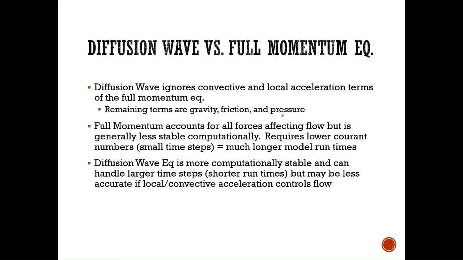It's going to require a lower Courant number, which means a smaller time step, which equals much longer model run times. The diffusion wave equation is going to be more computationally stable and can handle larger time steps, which will equate to shorter model run times, but may be less accurate if those local or convective acceleration terms control the flow.